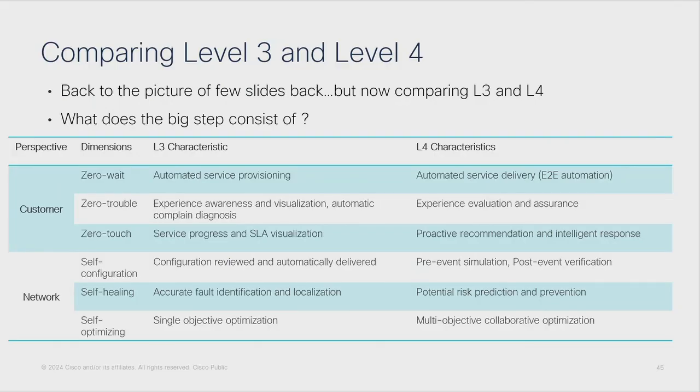And then from a single objective optimization, for example from the single IP domain, to something that is multi-objective, so the different domains collaborating with each other. For example, an IP and optical optimization done together, and RAN interacting with the data center domain to improve service delivery and so on. So you see how the introduction of AI is changing the different dimensions from level 3 to level 4.